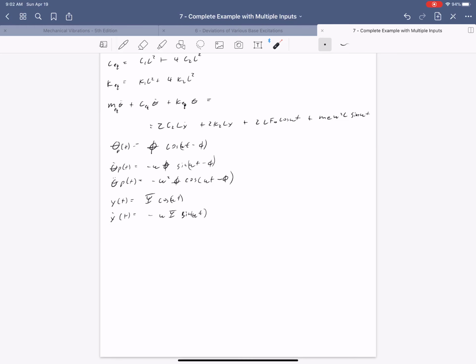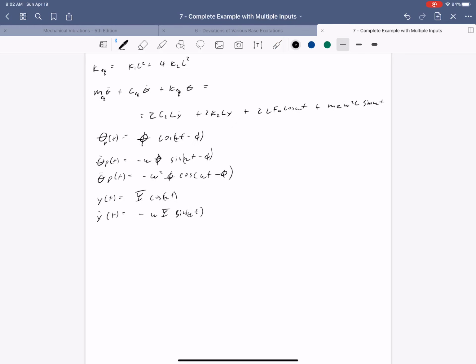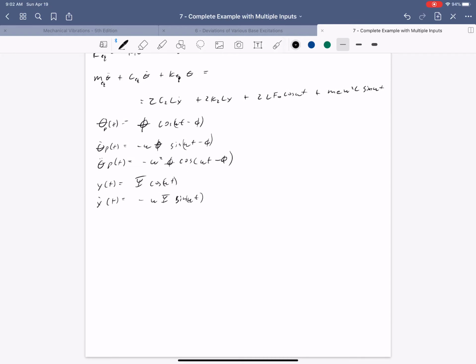It's not too much trouble to deal with the phase shifts, but I don't want to deal with them right now. You deal with the phase shifts the same way we did in the earlier examples, where you apply cosine of a minus b is equal to cosine a cosine b plus sine a sine b. You get separation of variables if you did want to have a phase shift.